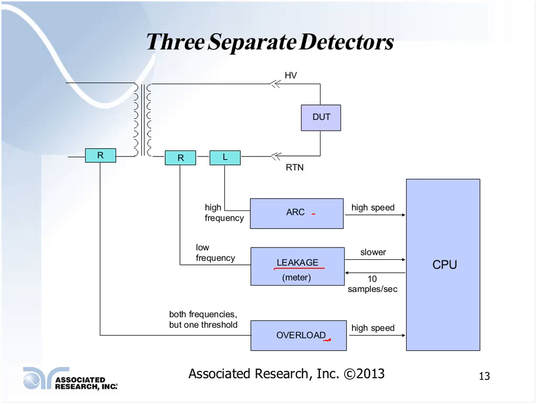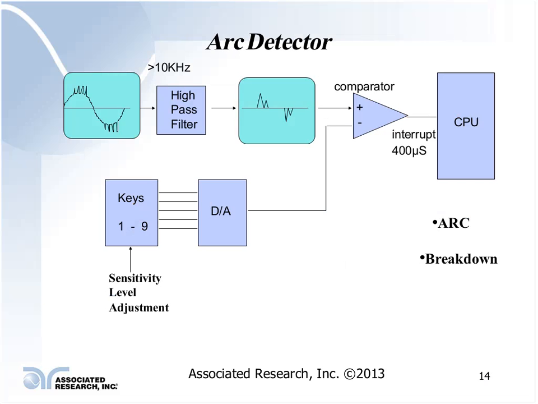Again, if you have an overload and an arc, it will say breakdown. If you just have an overload where you've exceeded the maximum capacity of the instrument, but you didn't have an arc, then it would indicate an OFL condition. So the different detectors, depending upon what signal is being sent into the CPU, will give you a different response.